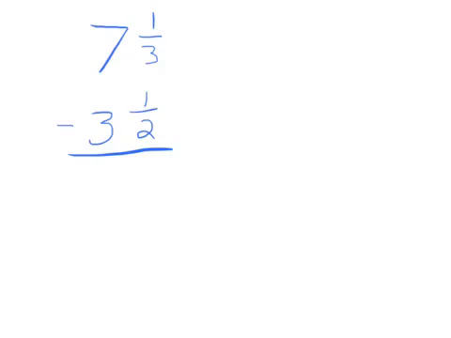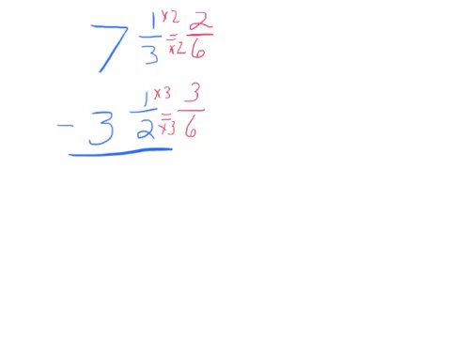And I notice they can both go into 6, so I'm going to first set the fraction part of my mixed number equal to 6ths. So to do that, I have to ask myself, 3 times what number equals 6? That'd be times 2. So 1 times 2 is 2. And then 2 times 3 is 6, so 1 times 3 is 3.